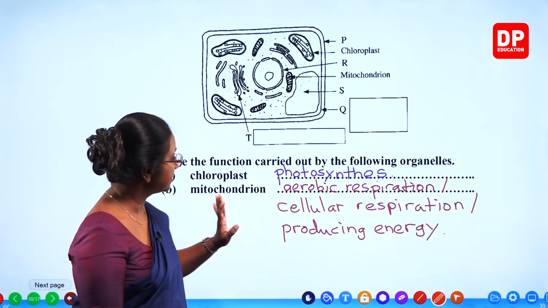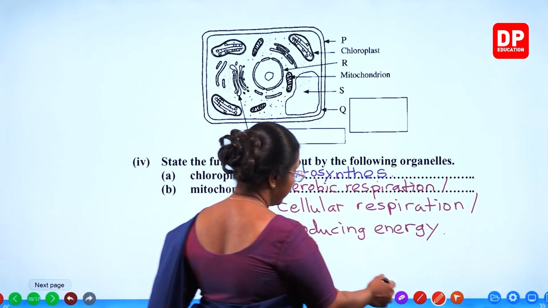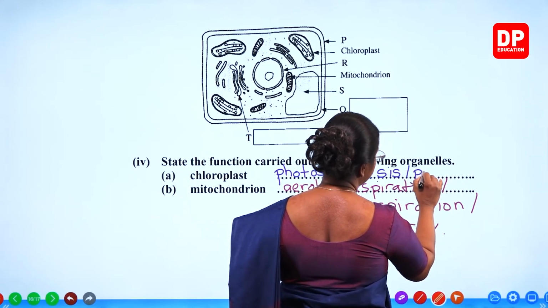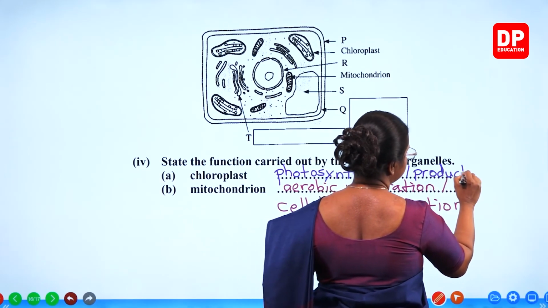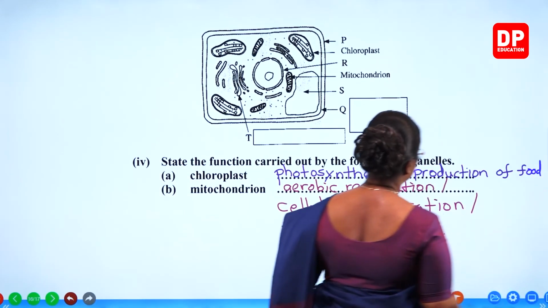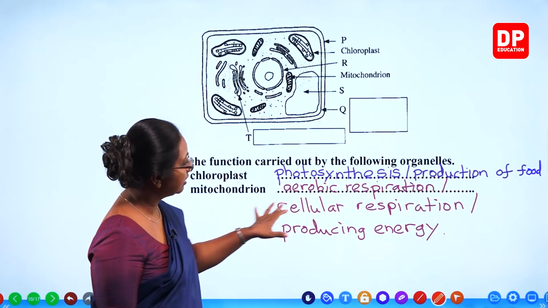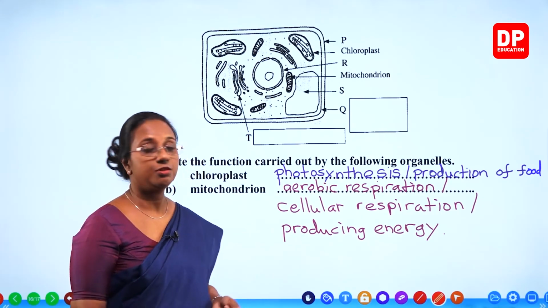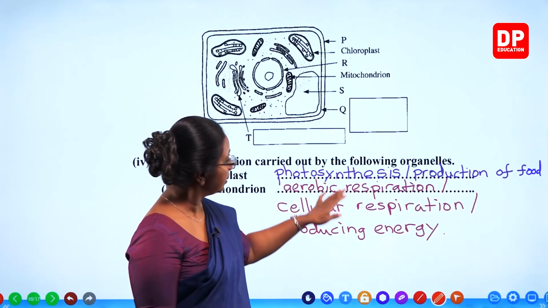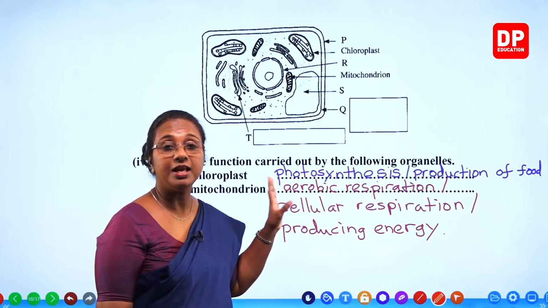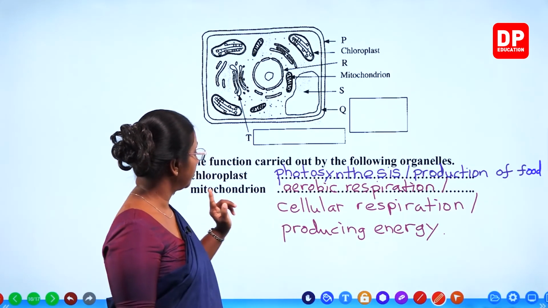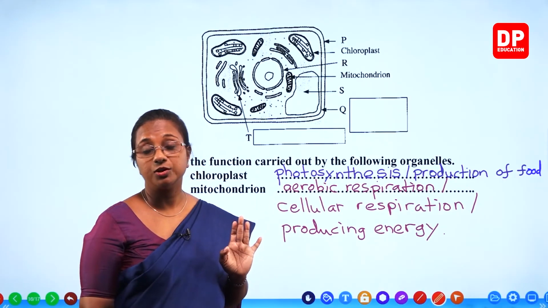Chloroplast, photosynthesis, or else you can even write production of food. Then mitochondrion, like I have written, aerobic respiration, cellular respiration, or producing energy. Here I have written all the possible answers. You can write any one answer. Photosynthesis or production of food for chloroplast, and one of the three for mitochondrion.